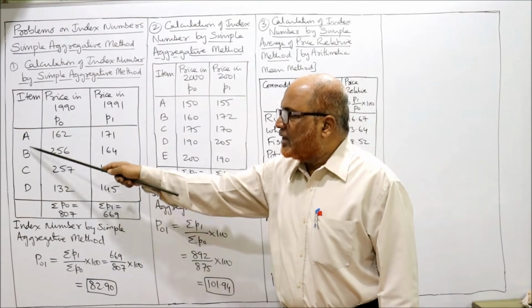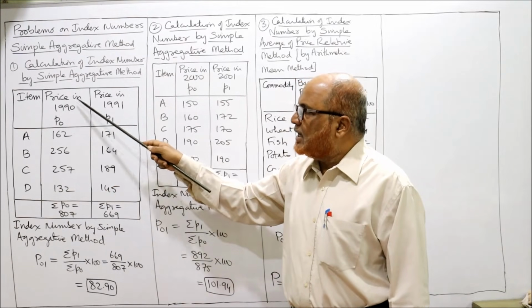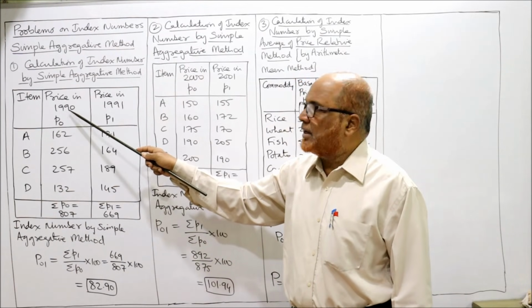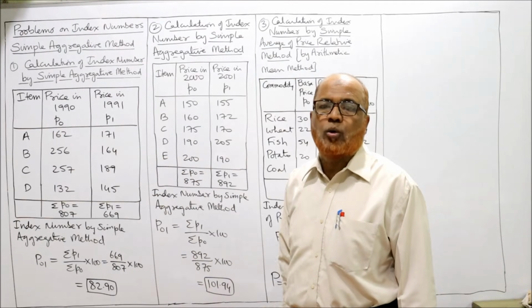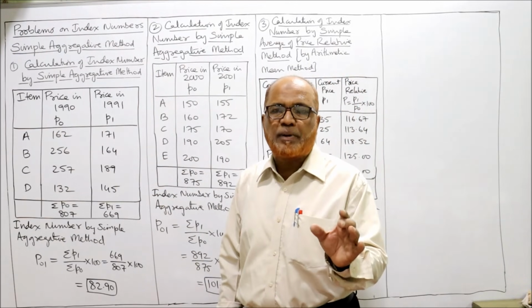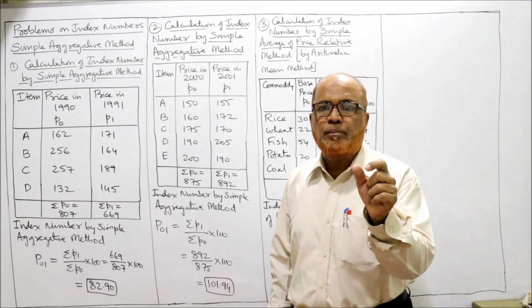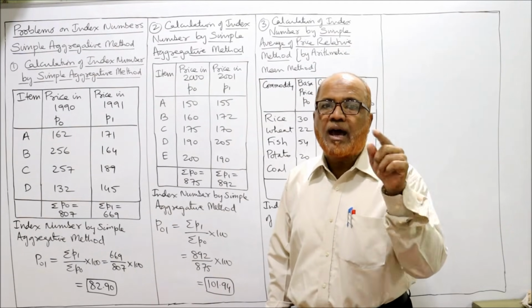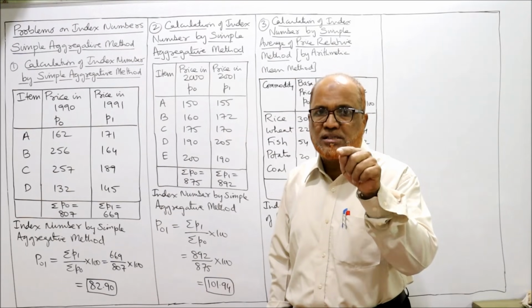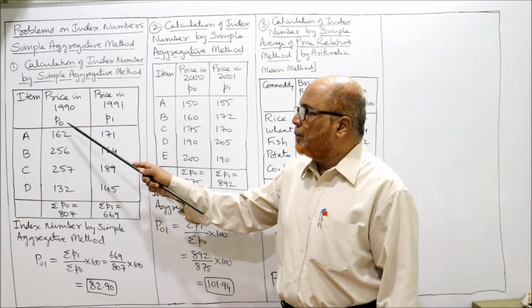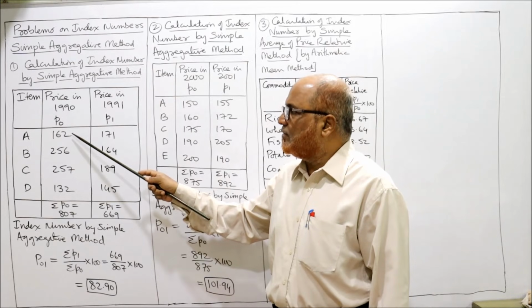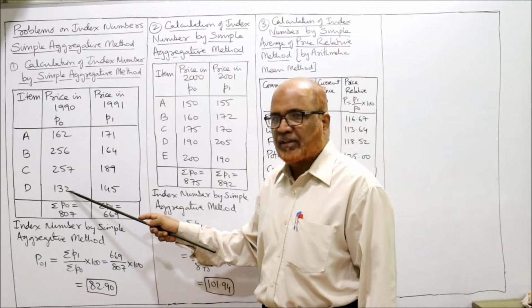So items are given in the problem, A, B, C, D. Price in 1990, base year price, that will be denoted as P0. Just now in the theory video I have explained, remember the symbols. P0 is the symbol for price of base year and P1 is the price of the current year. So P0, base year prices, are given: 162, 256, 257, 132.